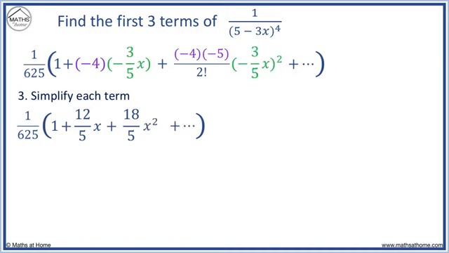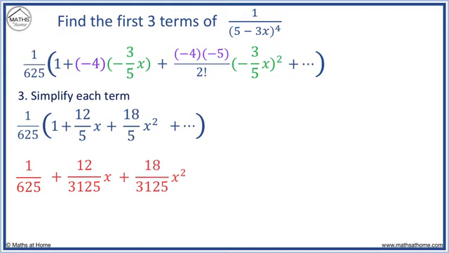We now multiply each term by 1/625. 1 times 1/625 equals 1/625. 12/5 x times 1/625 equals 12/3125 x. And 18/5 x squared times 1/625 equals 18/3125 x squared.